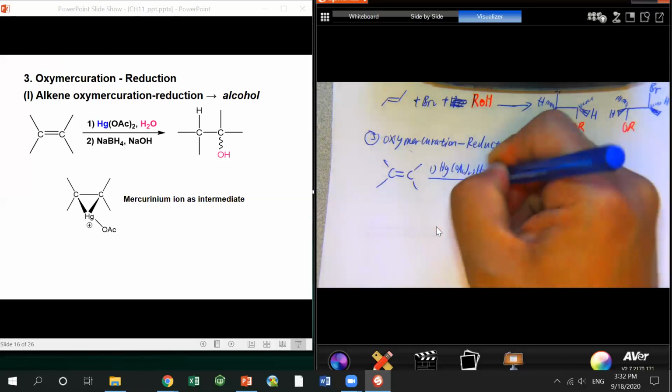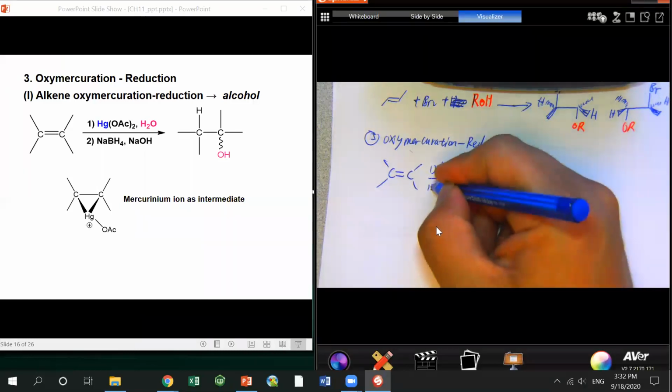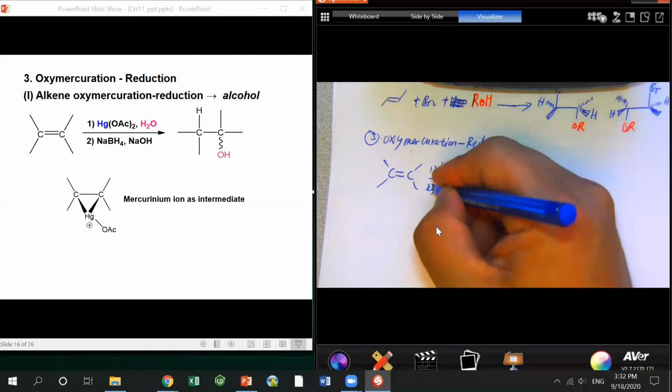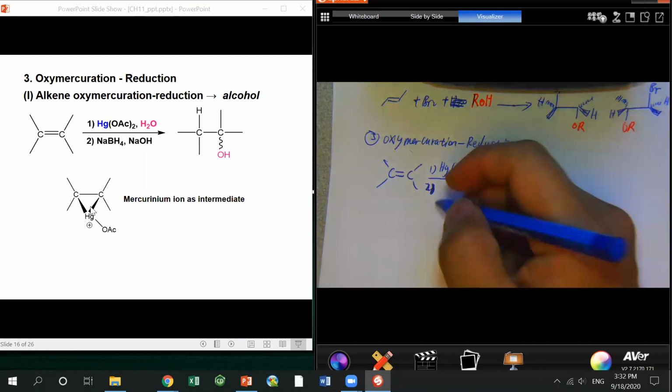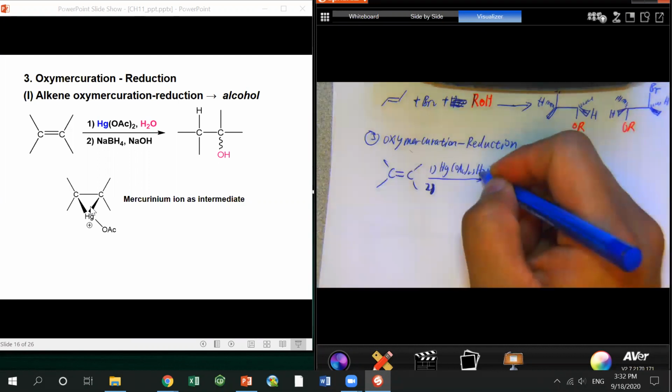In the first step you also generate this triangle intermediate, called mercurinium, similar to the bromonium triangle, followed by ring opening by water.